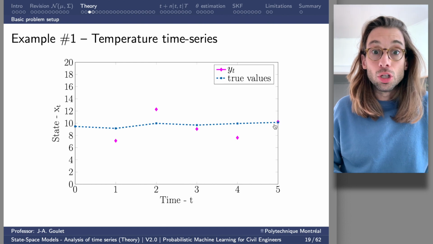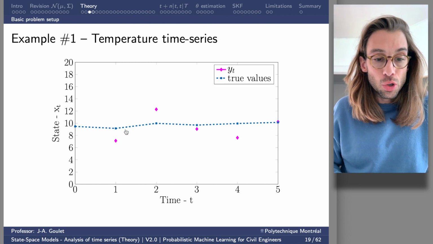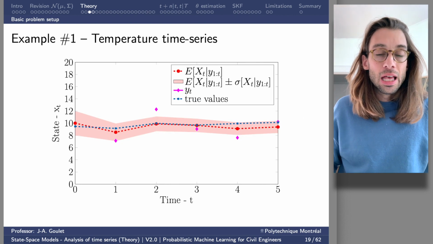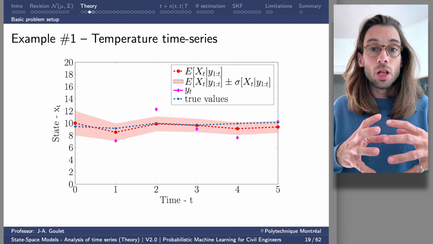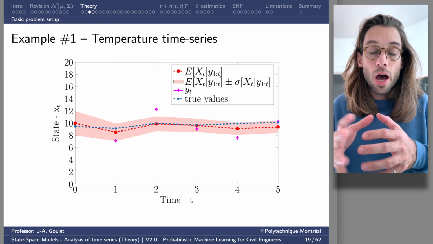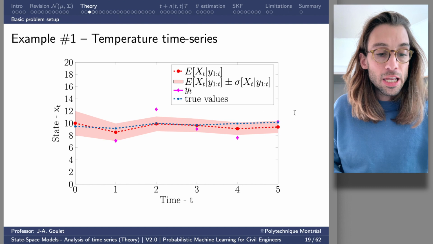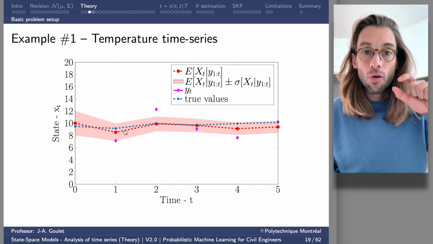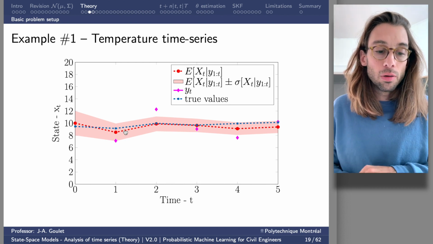So what I want to do is to retrieve the blue line you see here from the pink dots. What we're going to be able to do when we build our time series analysis model using a state space model is to retrieve what is presented here by the red line as well as the red confidence region.